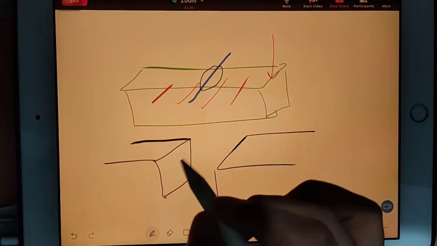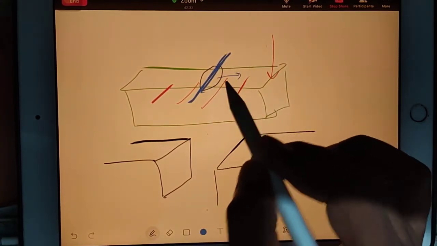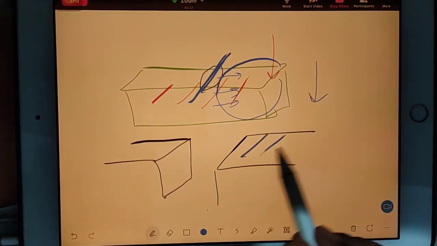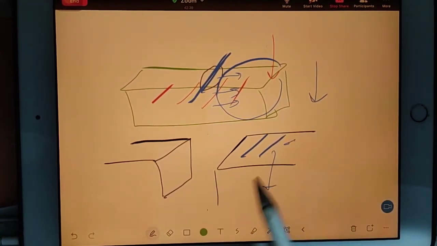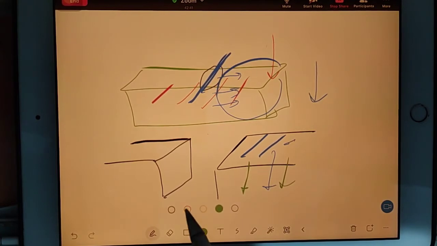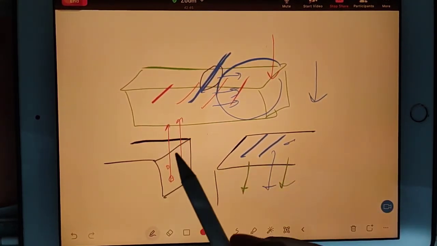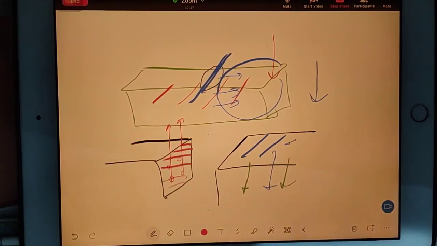Now, the right side, the entire beam will try to go downward. So to stop this downward deflection, these molecules will apply force upward. This phenomenon is happening on the surface. That's why shear force comes into the picture.